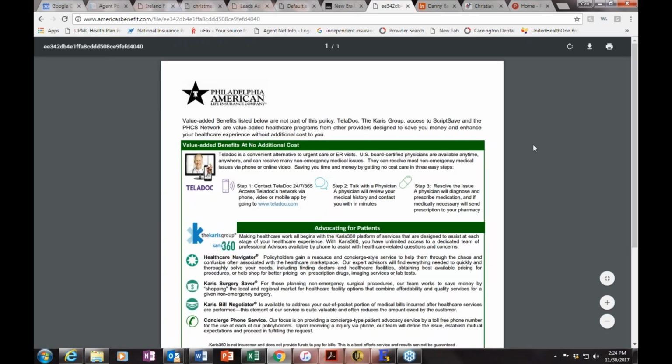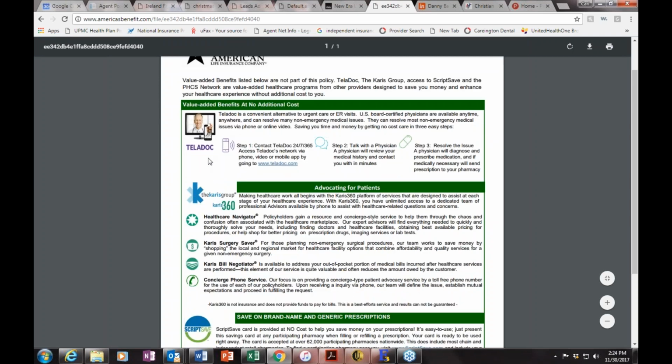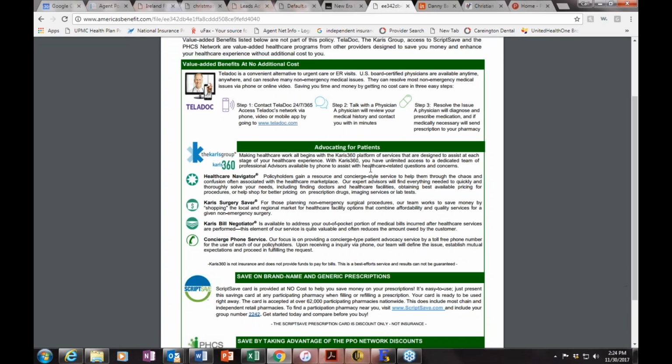This goes over some of the added benefits to the plan that everybody gets. They receive unlimited Teladoc usage at no cost to them. There's this Garner Health 360. They will negotiate prices for, if a client wanted to pay a cash price for something, they will negotiate for them. If they were to have maybe an expensive elective surgery, they'll negotiate on the back end for them for anything that's above $1,500.